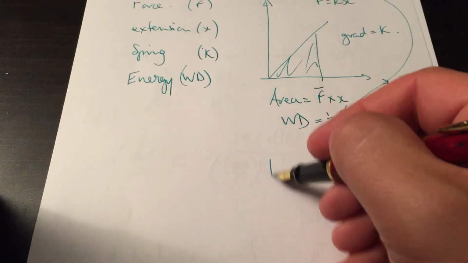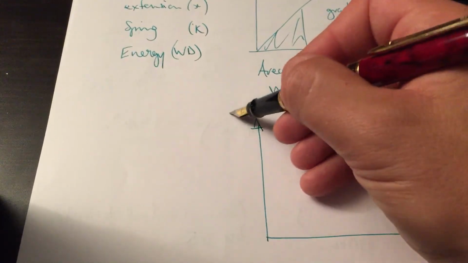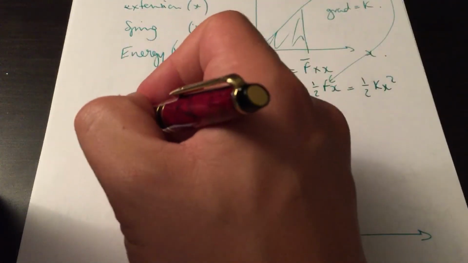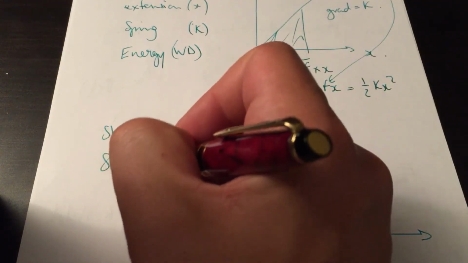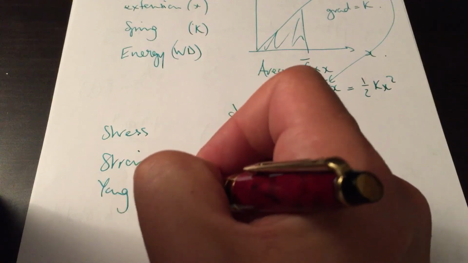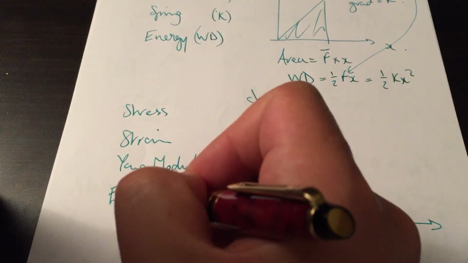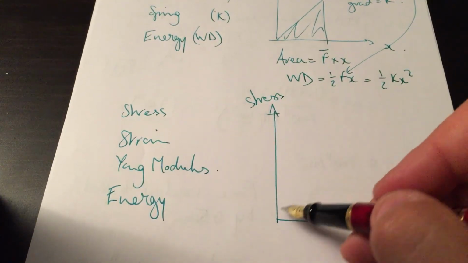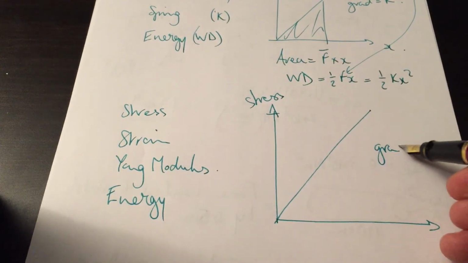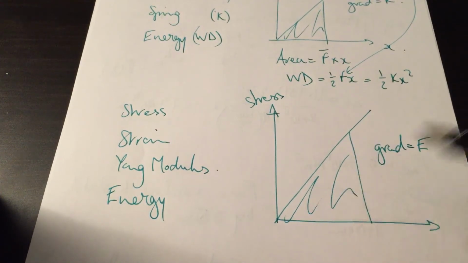So coming back down to Young's modulus, stress, strain, the analogies, Young's modulus, energy, gradient, area.